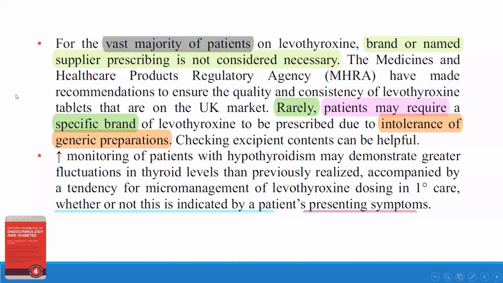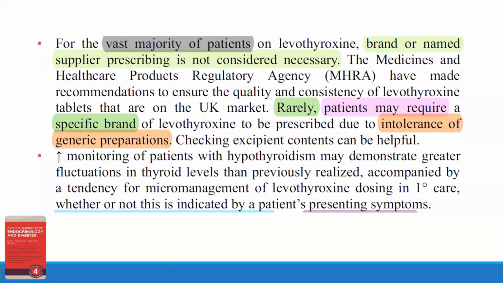For the vast majority of patients on levothyroxine, a brand or named supplier prescription is not considered necessary. But if you start with a specific trade name of levothyroxine, please don't change it. For example, in our country, levothyroxine is presented as Euthyrox and Eltroxin.